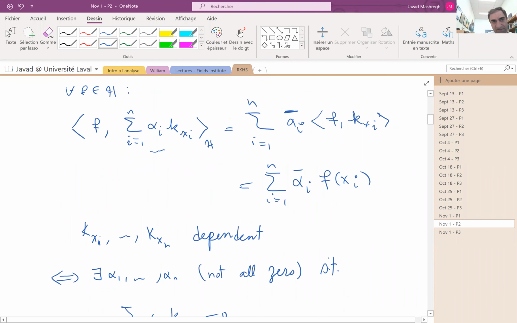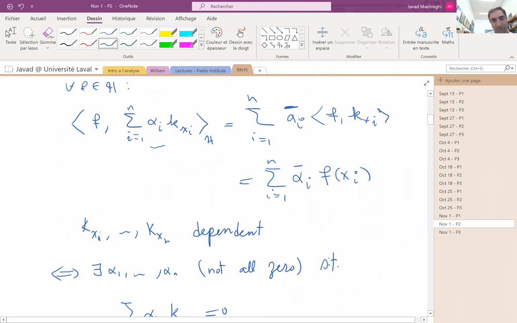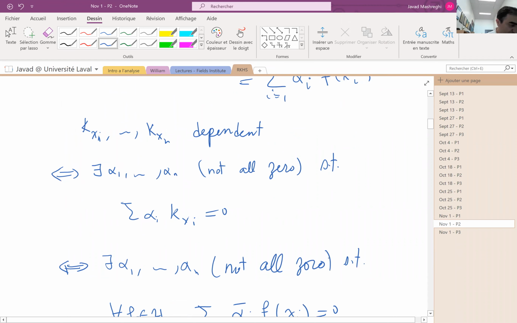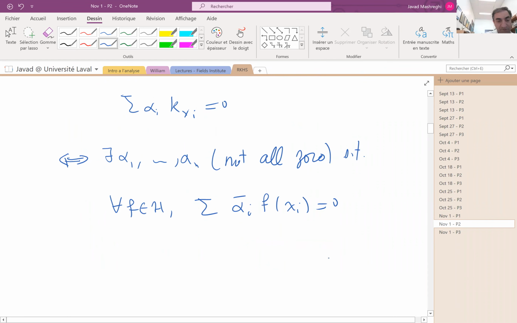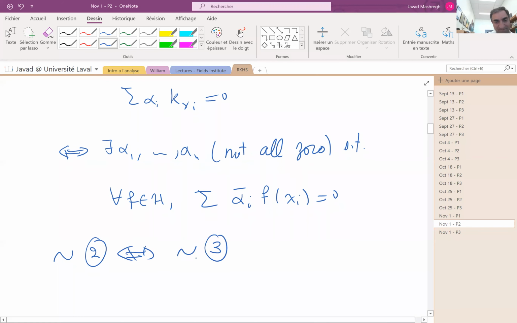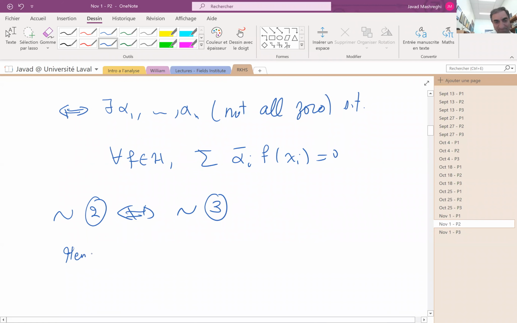And this is not 2 equivalent to not 3. So this is the notation we use in logic. Hence, 2 is equivalent to 3.